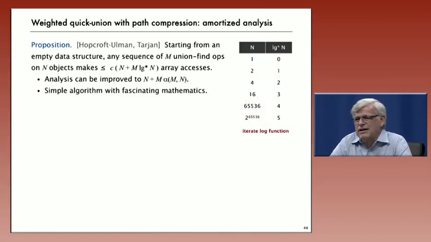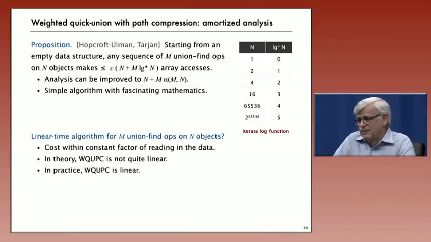So that means that the running time of weighted quick union with path compression is going to be linear in the real world, and actually can be improved to an even more interesting function called the Ackermann function, which is even more slowly growing than log star.